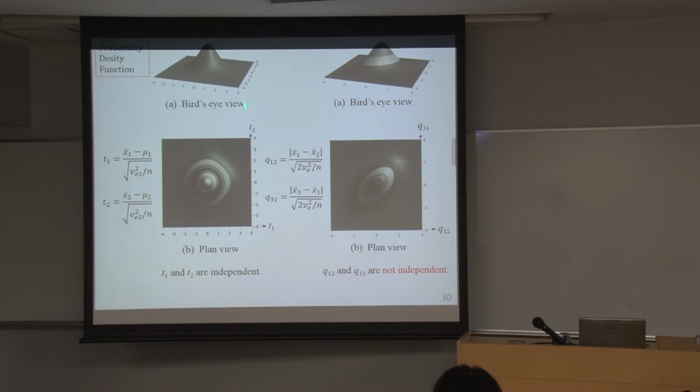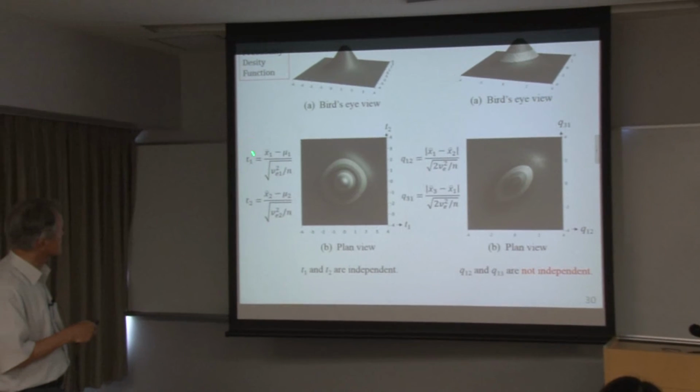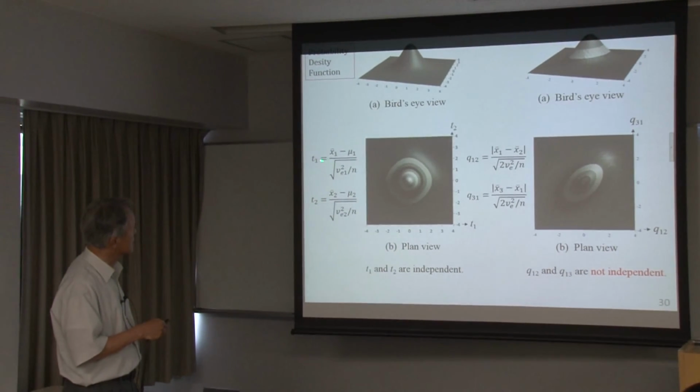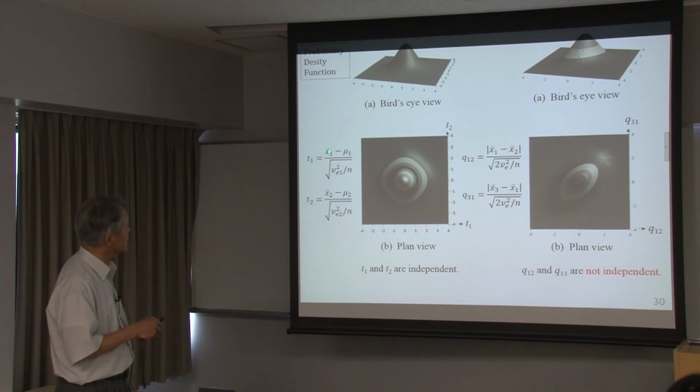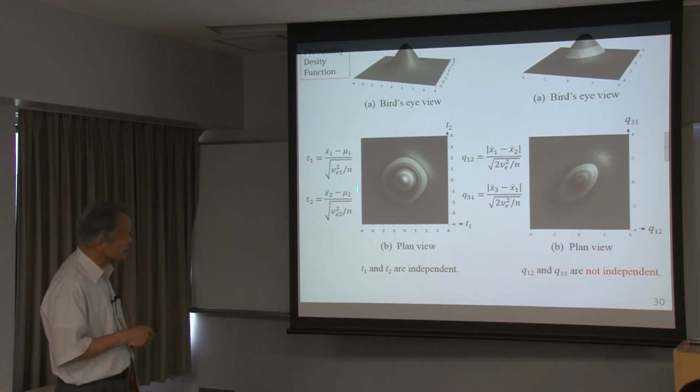This is the case that T1 and T2 are independent. These are the test statistics of the T statistic. And these two are independent because here x1 bar and x2 bar, the average of x1 and the average of x2, are not included in the same equation.